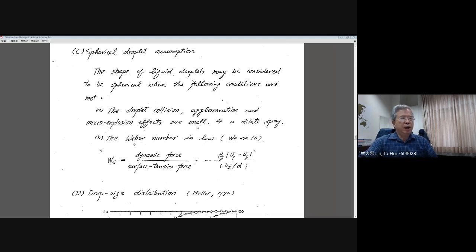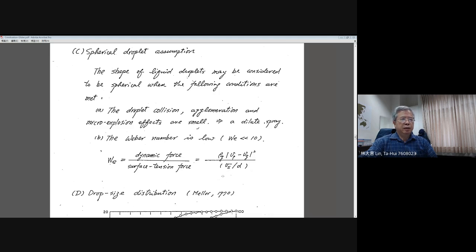Basically, the Weber number is usually quite low for the general liquid fuels we use. Please remember here, the Weber number can be described by the density of the gas times the velocity difference between the particle, your droplet, and the gas, squared.